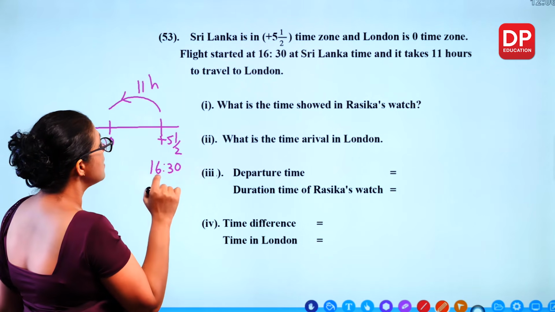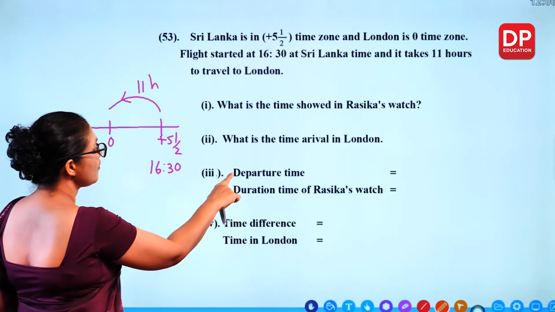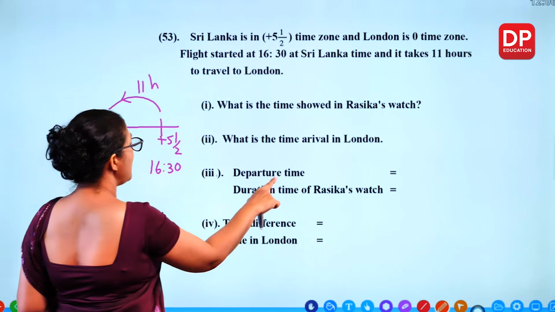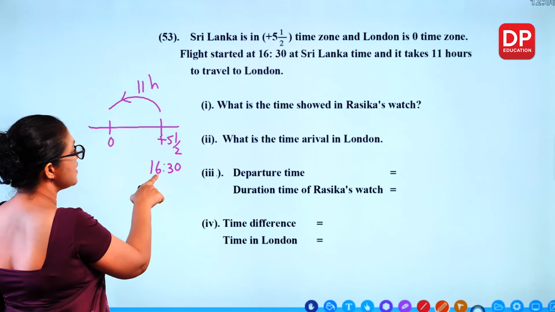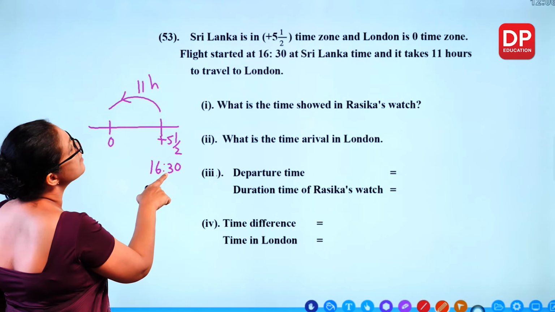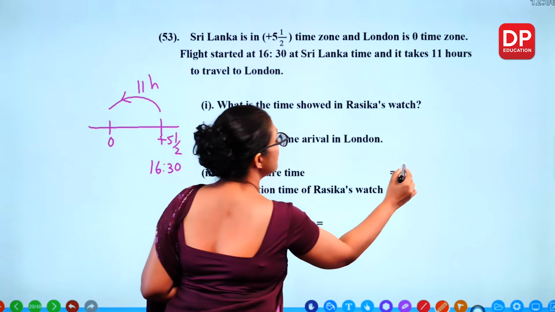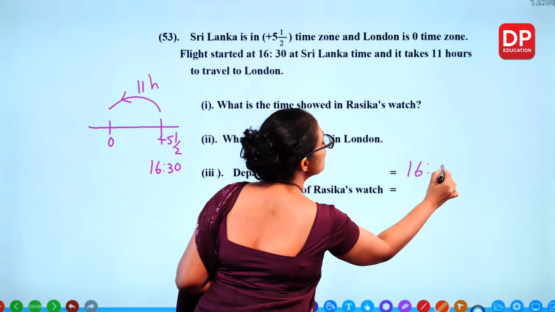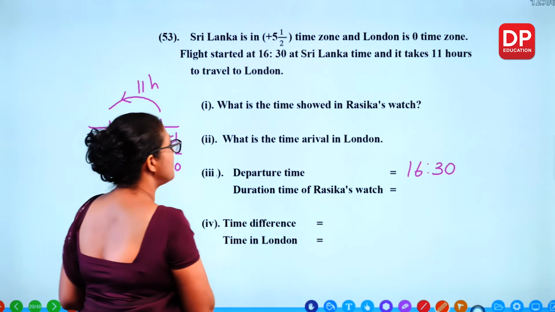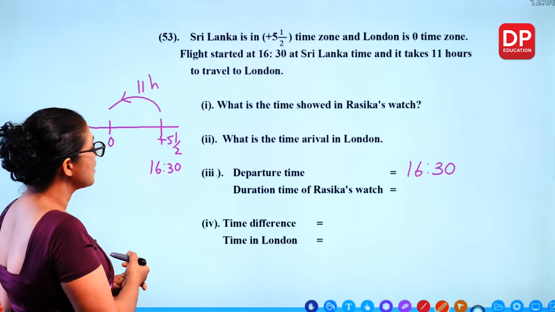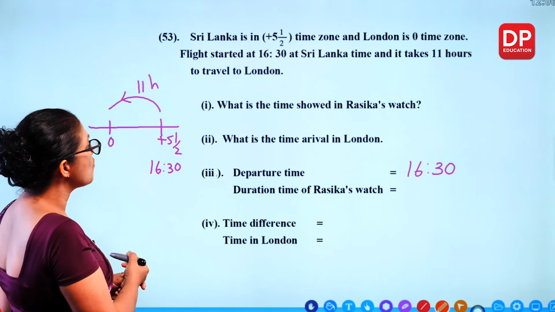So what's the time difference? Now what's the departure time? Departure time is 16:30. That means 4:30 p.m. That's Sri Lankan time. Duration time of Rasika's watch.